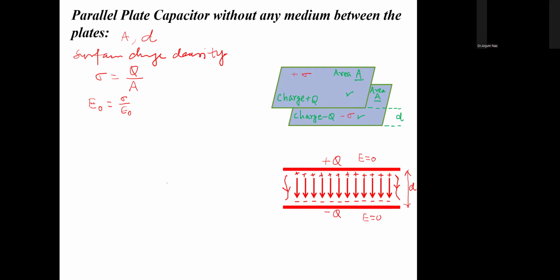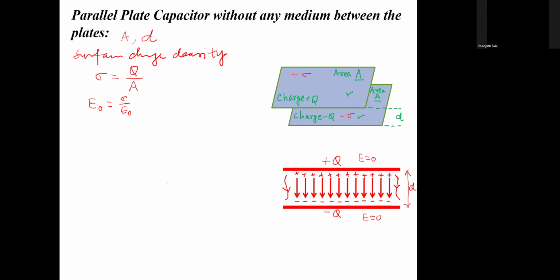We have discussed this case while discussing the application of Gauss's theorem: when two plates have equal and opposite charges, the field outside the plate is zero and inside is sigma upon epsilon naught, where sigma is the surface charge density.